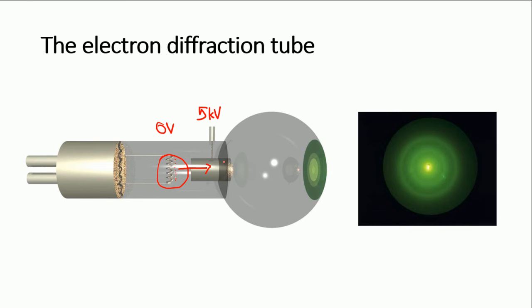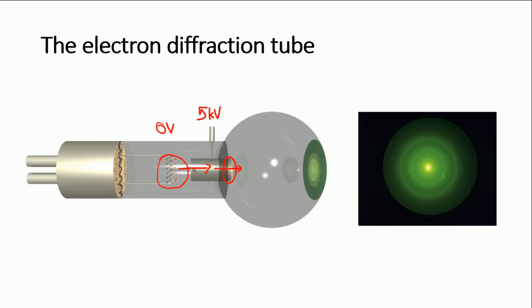When they get here, they're traveling reasonably fast, and then they encounter this. This is a crystal of graphite. So it's layers of carbon atoms in a hexagonal structure. What happens is some of the electrons will actually pass through the holes between the carbon atoms in the graphite crystal. And when they do that, their behavior changes entirely.